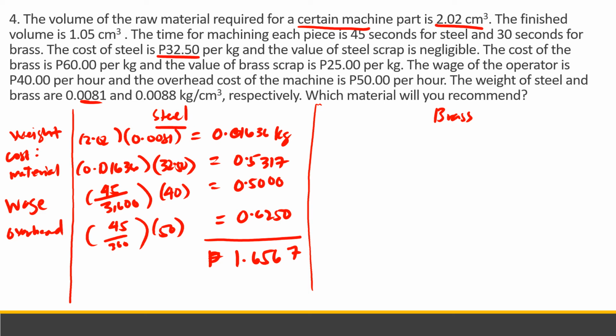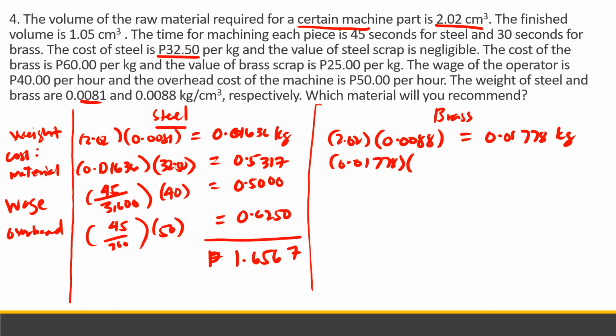So for the brass naman, so first is the weight, so 2.02 multiplied by, so brass is a little heavier compared to steel. Meron siyang 0.01778 kilograms. Now for the cost, so the material 0.01778 multiplied by 60 pesos per kilogram, 1.0668.